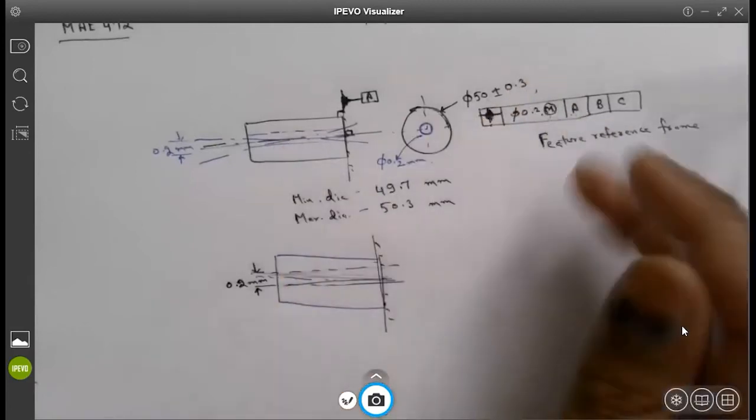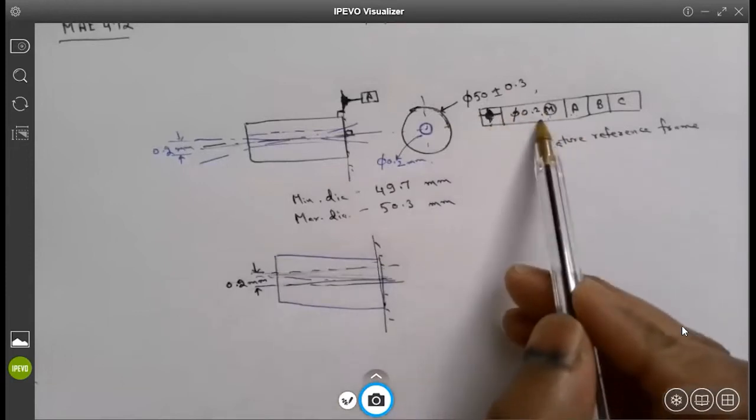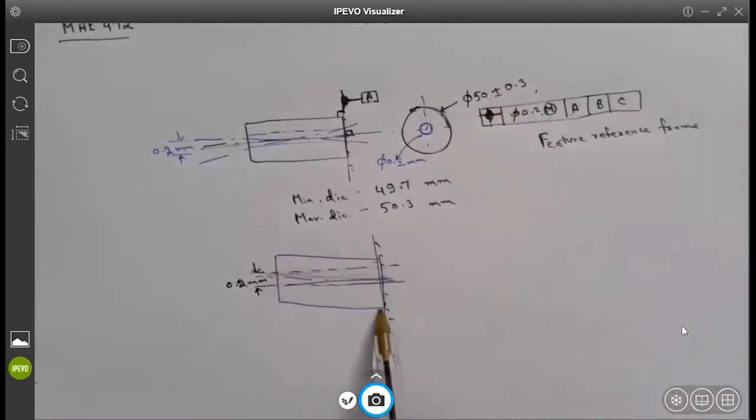Once we understand the importance of this tolerance zone, or the amount of tolerance we are providing, now, as you can see, the cylinder is not perpendicular.